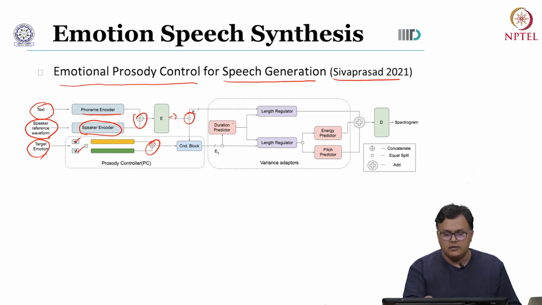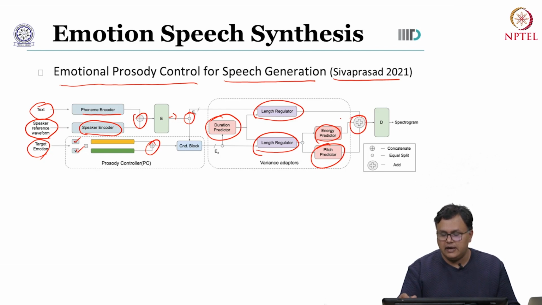There is then a duration predictor to predict the duration of the samples of the words which are going to be generated, and further this is input into a length regulator where the energy of a required word is predicted, the pitch is predicted, and in parallel the length regulator and the output of the energy predictor and pitch predictor are concatenated, and added into a decoder. So this is your decoder.